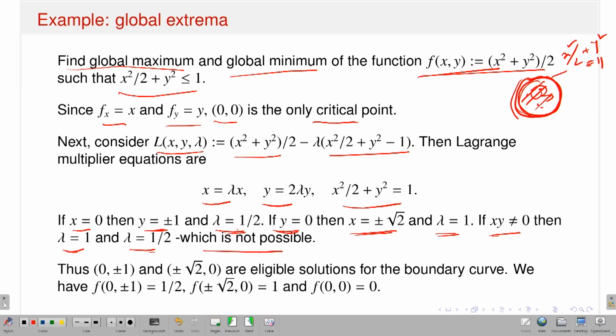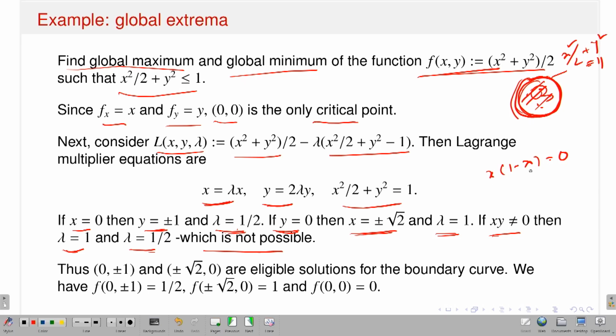Look at the equations: x is equal to lambda x and y is equal to 2 times lambda y. So x times 1 minus lambda is equal to 0. Therefore, if x,y is non-zero, lambda is equal to 1 and lambda is equal to half, which is not possible. I have 3 equations: x is equal to lambda x, y is equal to 2 times lambda y.